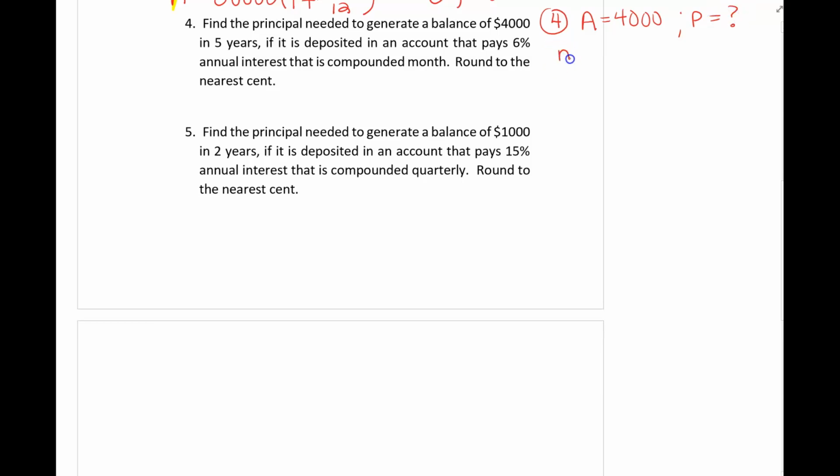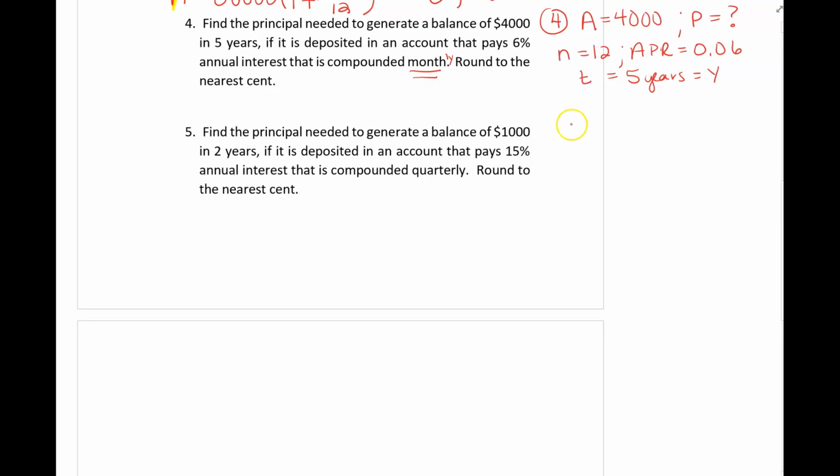N is going to be, sorry, it's a typo, compounded monthly, N is 12. Our APR is 6%, so that's going to be 0.06, and T is equal to 5 years. And I think on the formula sheet, T is referred to as Y, so I apologize for any confusion.